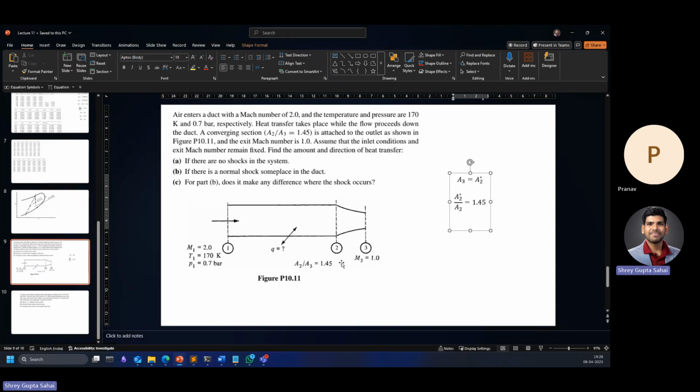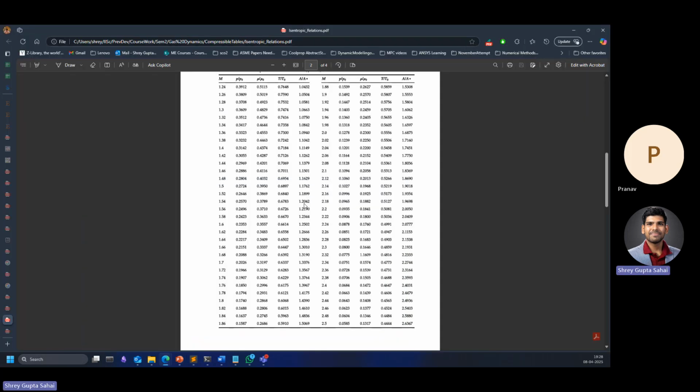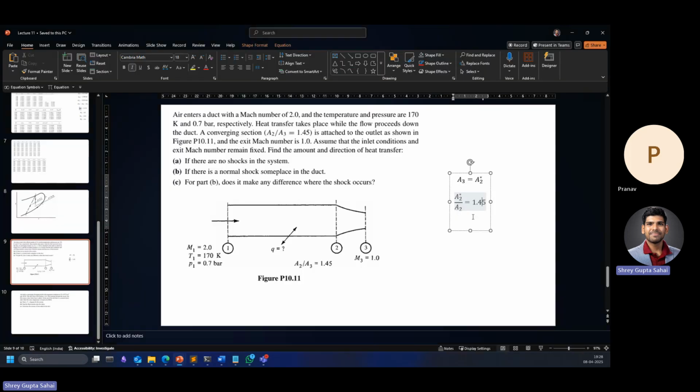So our area ratio will give you the Mach number at 2. If you look at it, area ratio of 1.45, something close to 1.81. So Mach number is close to 1.81. So M2 is 1.81.